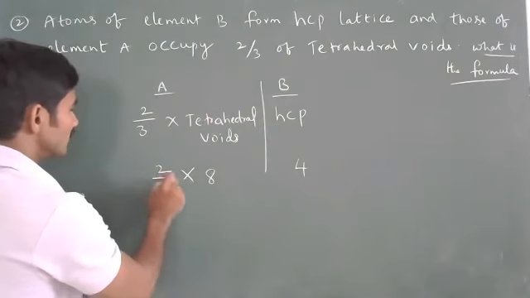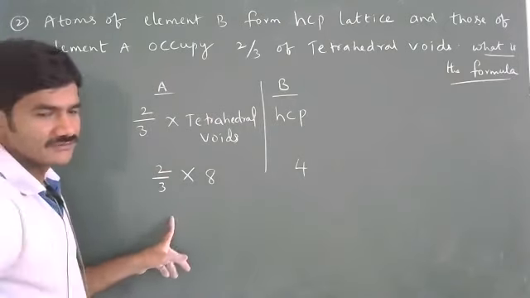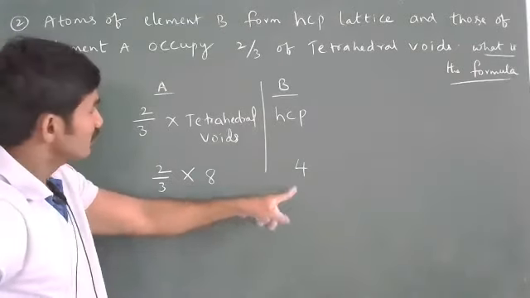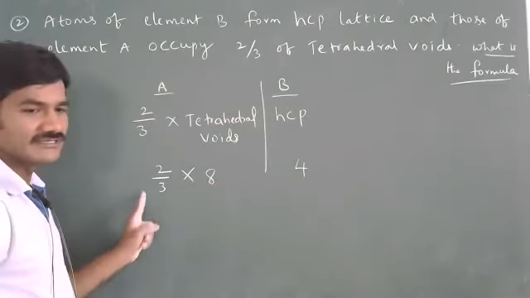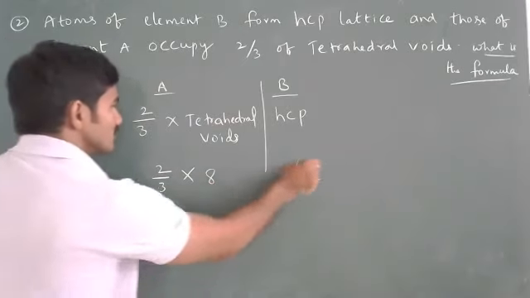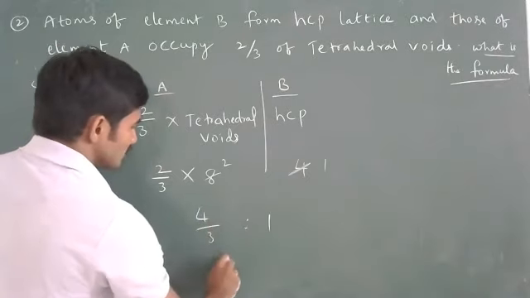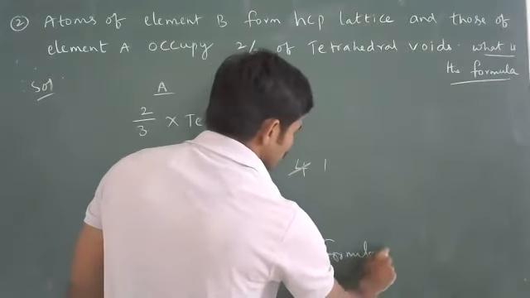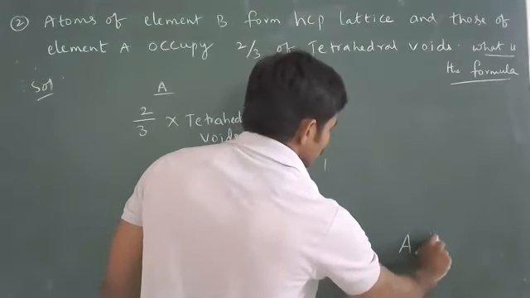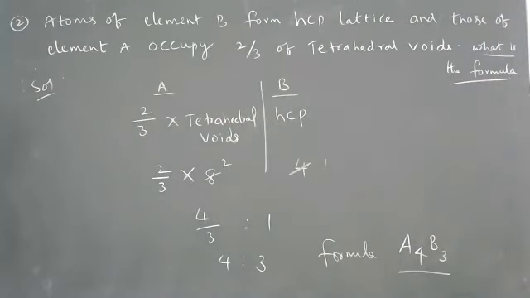So in this 2/3, we have to see. HCP, 4 atoms are written. For 4 atoms I have taken 8 tetrahedral voids. Of 8 I have taken 2/3. So if we simplify this, it is 4/3 to 1, so 4 is to 3. So the formula is what? A4B3. Is that clear?